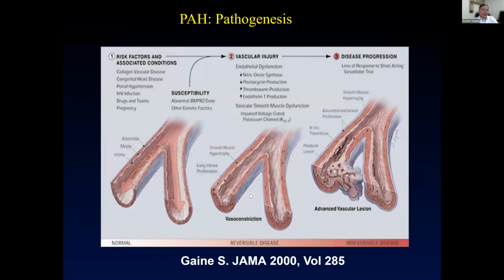Well, the etiology, the pathogenesis of pulmonary hypertension is very numerous. In a way, it's very similar to atherosclerosis. The difference is in atherosclerosis, the cause is most likely some kind of lipid-related problem or diabetes or high blood pressure, which causes the endothelial damage on the arterial side.